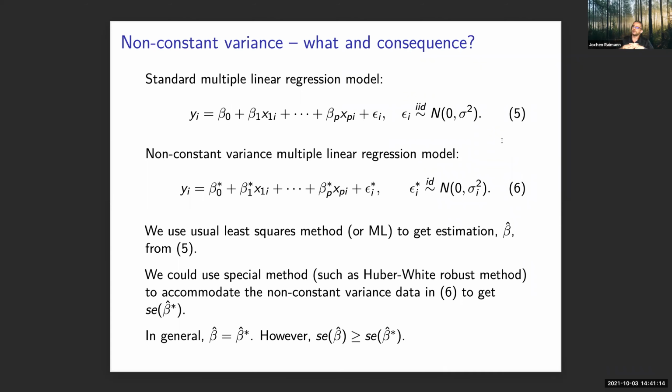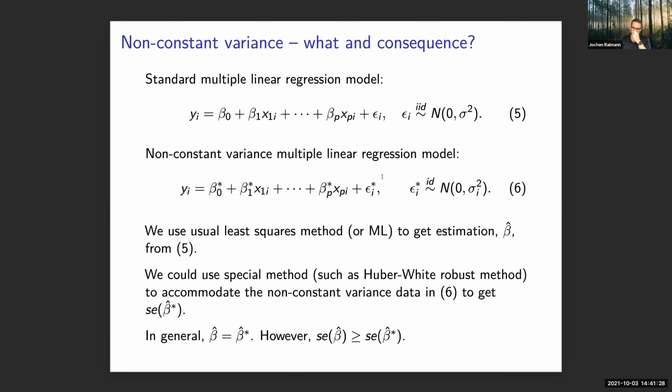So in a standard multiple linear regression model, you have included your covariates, beta 1 x1i, and we're including more and more covariates until we are left with the residual error i.